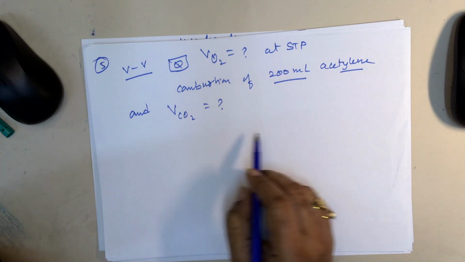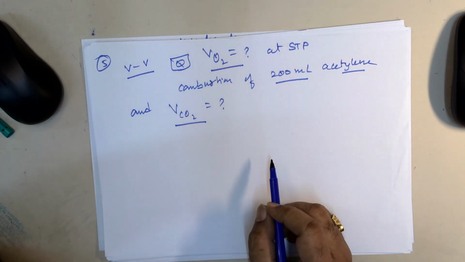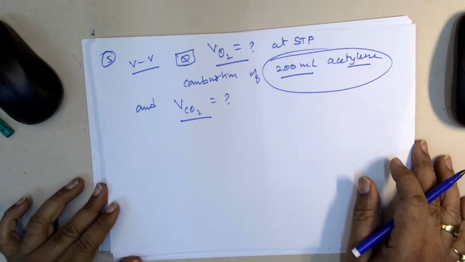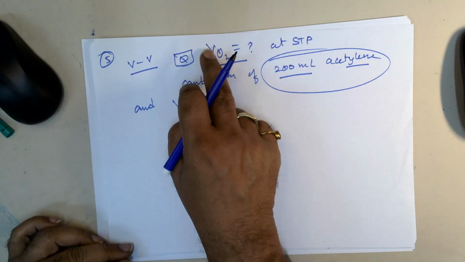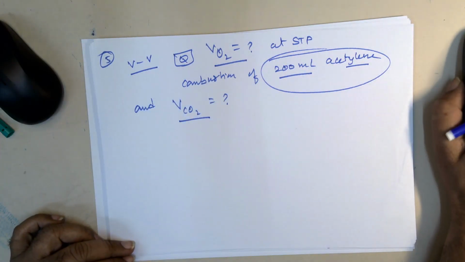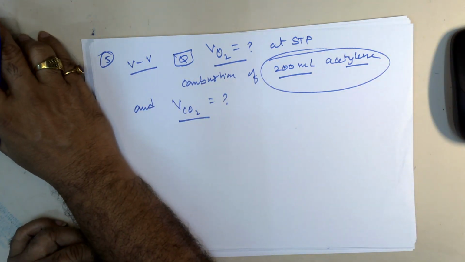So they have asked two questions, volume of carbon dioxide and volume of oxygen. But they have given only 200 ml of acetylene. So it is pretty clear that they have considered only the volume. So it is a volume relation. Okay, take down.